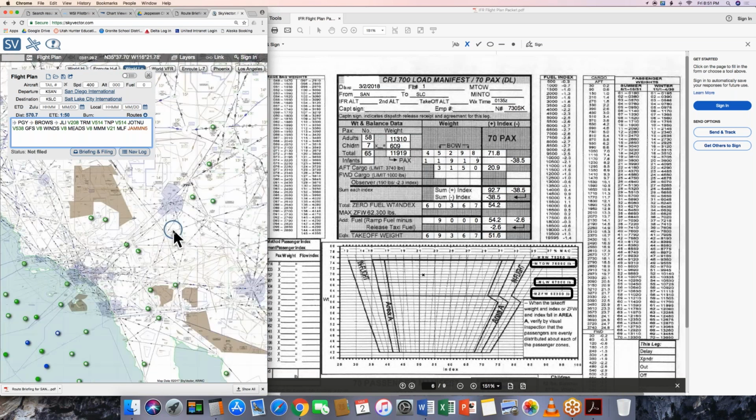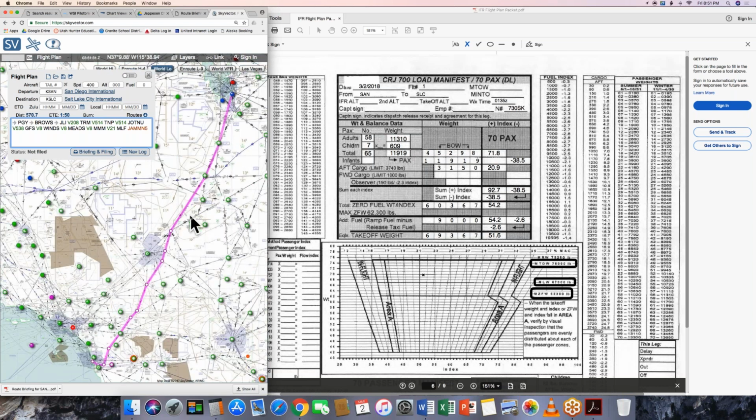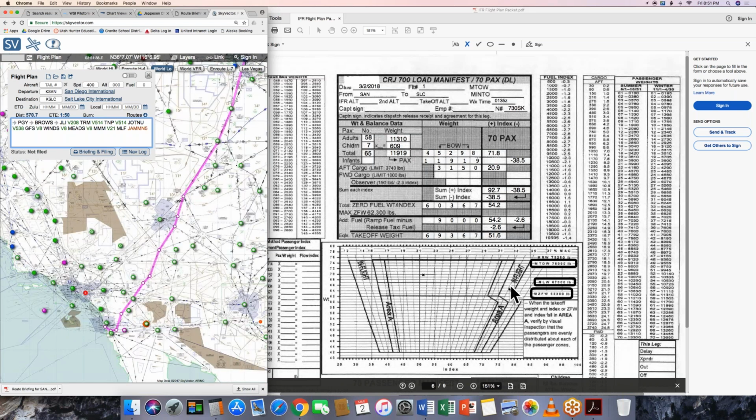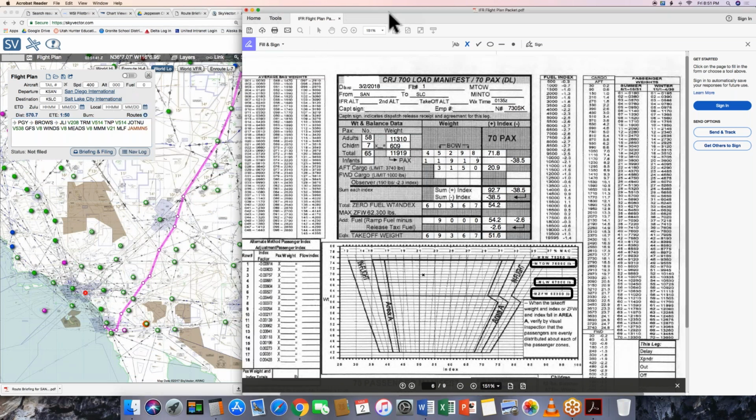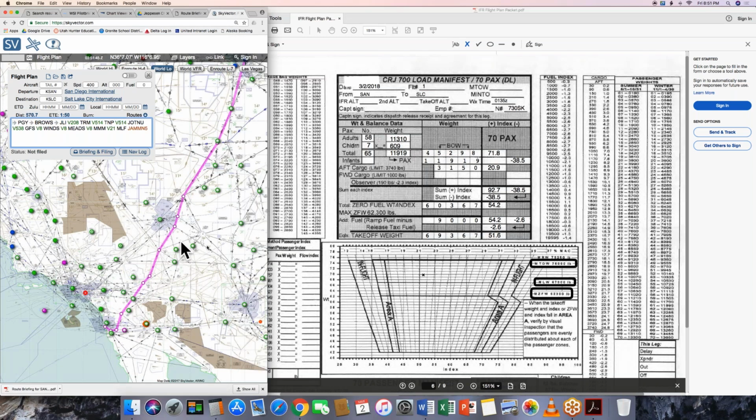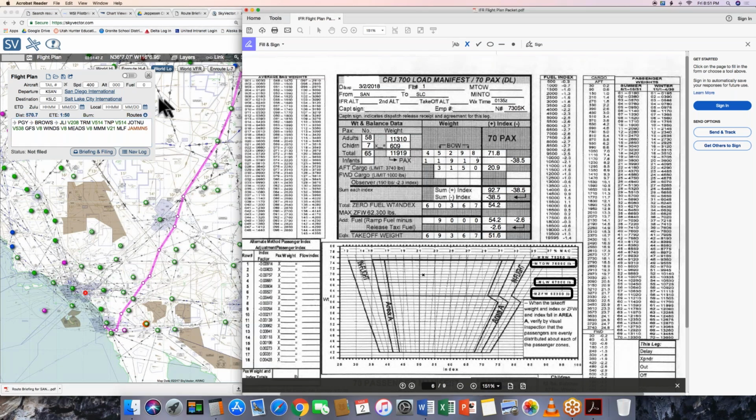You guys saw how to plan that route. Okay, this is when we start figuring some of this stuff out. This is just an estimate. Now we're going to go in and find what's called the simplified flight plan.